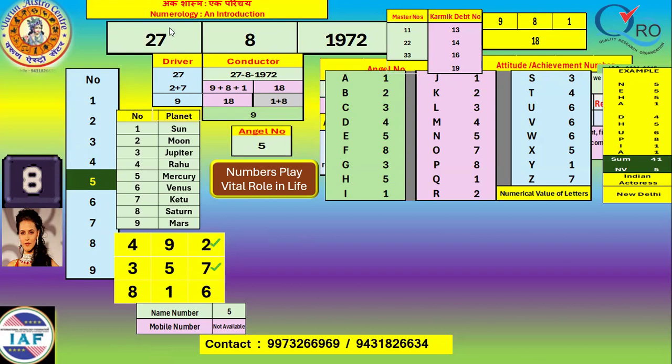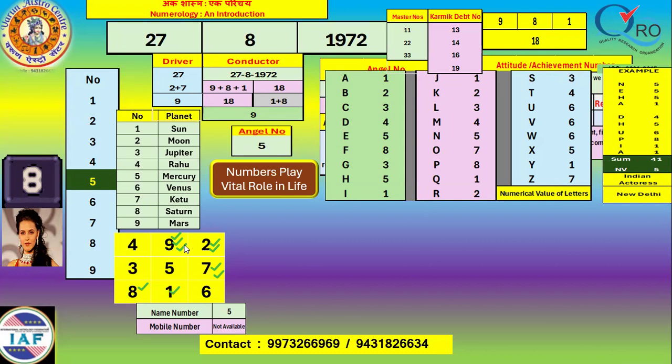Whenever the birth date and prime number are the same, I mean single digit, then only one number, either prime number or birth date, will be taken into consideration. But here, since it is in single digit, 2 and 7 have been taken. 8 is the month which appeared here. Now from here, 1, 9, 7, and 2. Conductor is giving 9, driver is giving 9, conductor is giving 9.